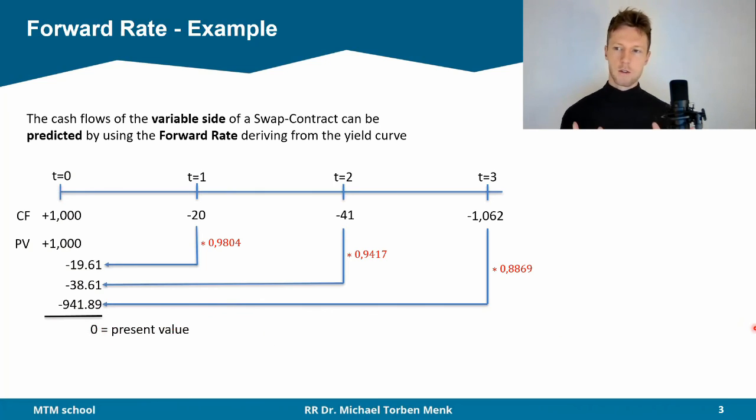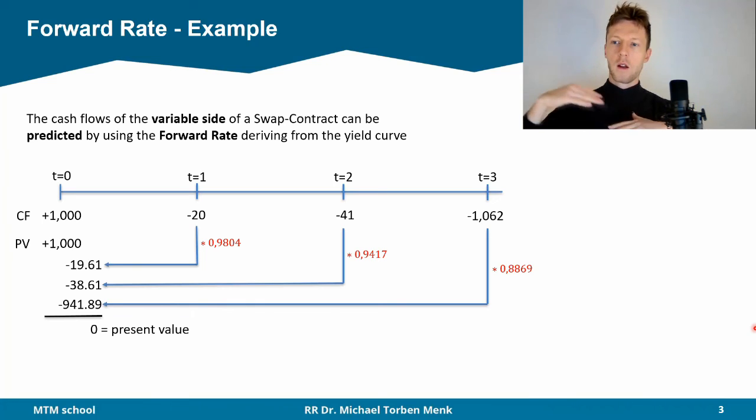This is very interesting in order to get a deeper understanding of the forward rate and the yield curve. Meaning, we are able to achieve a contract where the future payments are discounted by the actual market yield curve, and we get a fair value of a present value of 0.